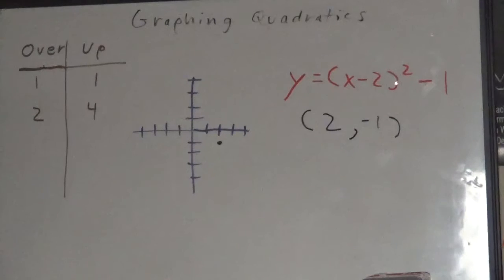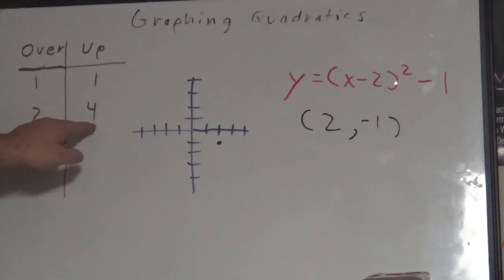Now, to graph the rest of the quadratic, we're going to follow this basic pattern, which is to go over 1, up 1, over 2, up 4. And the reason that we follow that pattern is that 1 squared is 1 and 2 squared is 4.